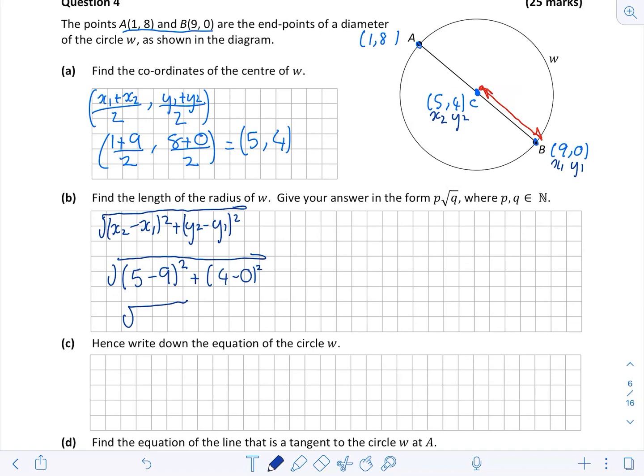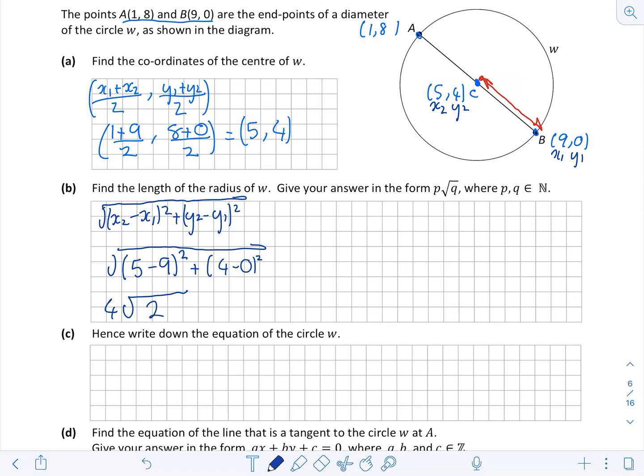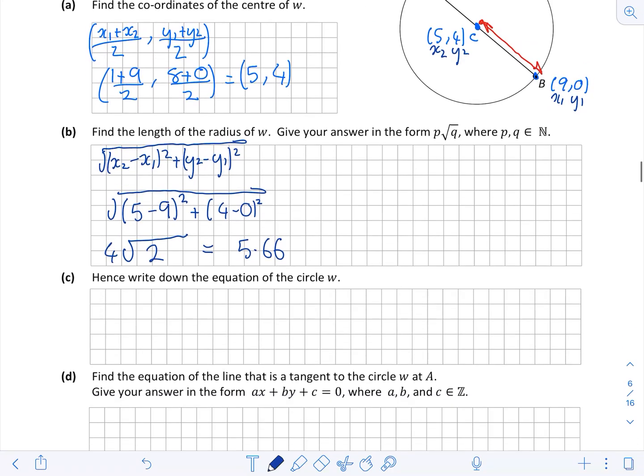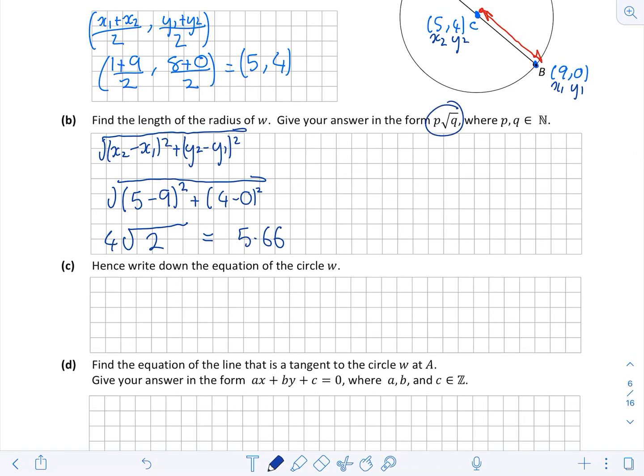Square root of (5 minus 9) squared plus (4 minus 0) squared equals... so they're writing 4 root 2. Yeah, okay, that's good. So that's what it's equal to, and then we can put that into decimal form, which is equal to 5.66. They want it in this format here, but yeah.